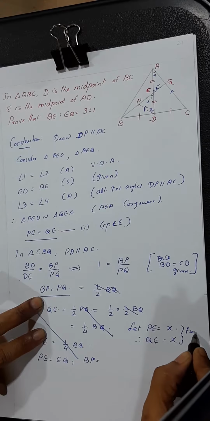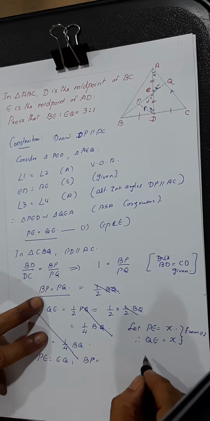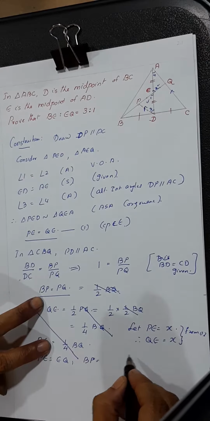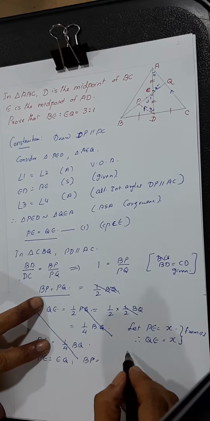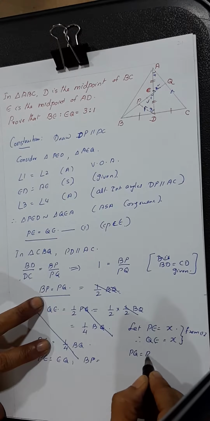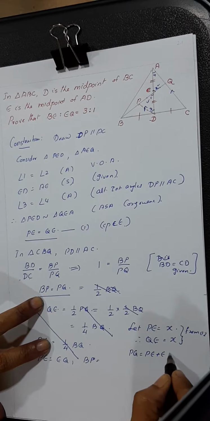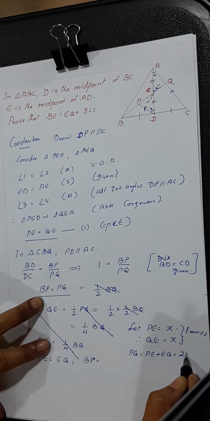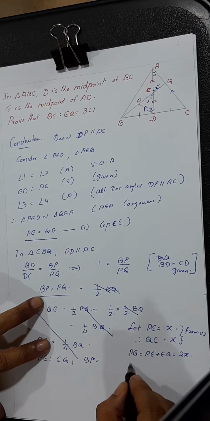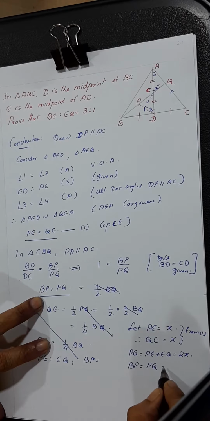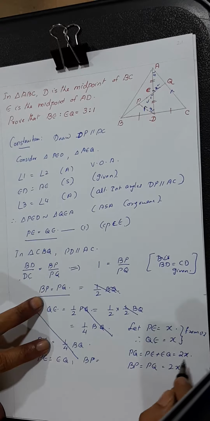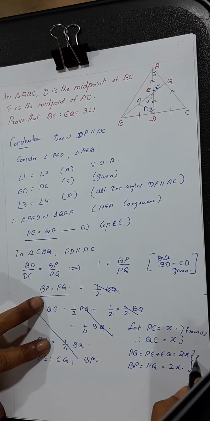This is from 1. So PQ is equal to PE plus EQ, that is equal to 2x. So BP is equal to PQ, so that is equal to 2x. This is from 2.